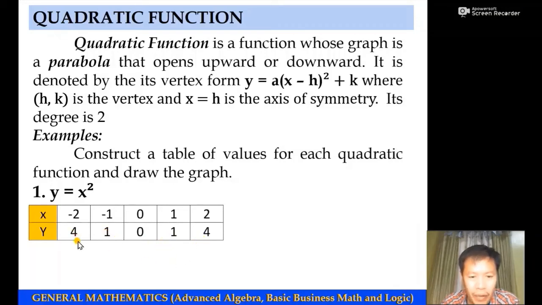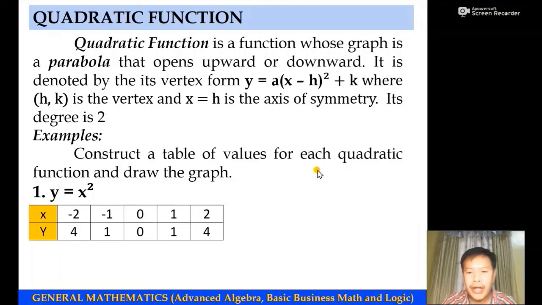When we say symmetric points for a function, two different abscissas will have the same ordinate, and that is symmetric with each other. Now, if x is equal to negative 2, negative 2 times negative 2 is equal to 4, because we have the exponent 2 there. To check, 1 times 1 is equal to 1, and 2 times 2 is equal to 4, because this is the value of x squared. Substitute there.